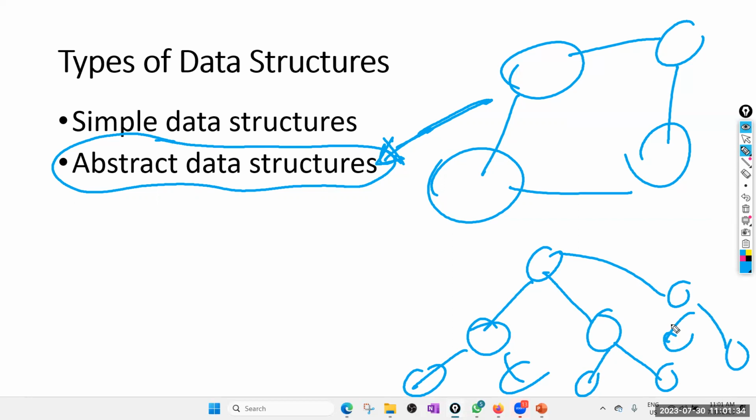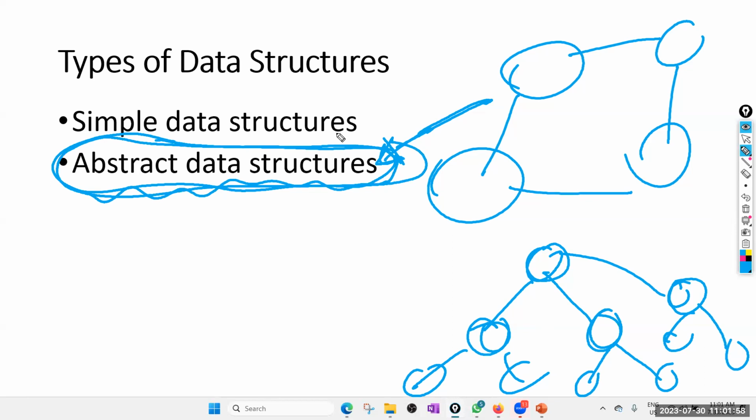Of course, implementation we are also doing, but we look at the features of a binary tree, features of a binary heap, features of a stack, the differences between stack and queue as abstract concepts. And therefore, we can call them abstract data structures.